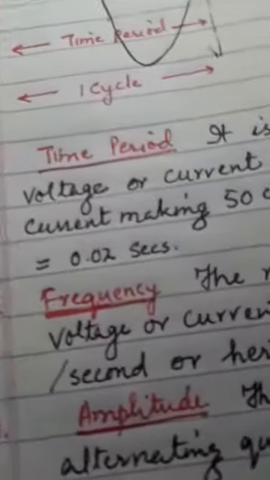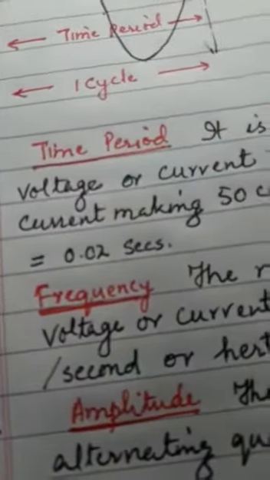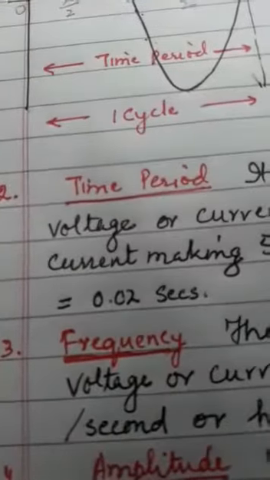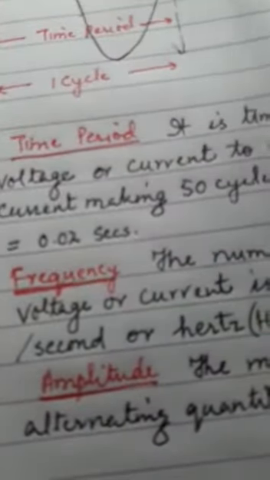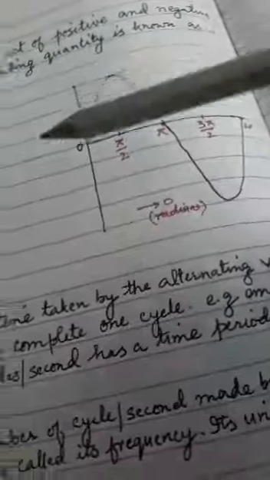You have to measure the number of cycles. If it is making 50 cycles, then you write 50 cycles per second.